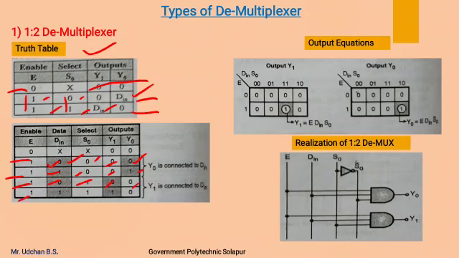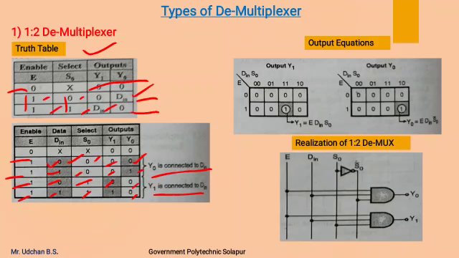For the next case, enable is 1, data input is 1, and select line is 1, so this data input 1 will appear over the y1 line, and the y0 line will be 0. So when select line is 0, y0 is connected to data input. When select line is 1, the y1 line is connected to data input.